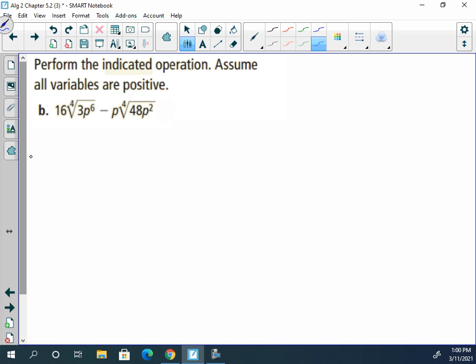Now, if we look at the other one, p squared, well, I know I can't take the fourth root of p squared and get p to come out. It's not going to come out at all. So, kind of what that's telling me is most likely what's going to be left over once we simplify these roots? So we'll have p squared, and we'll also have what?